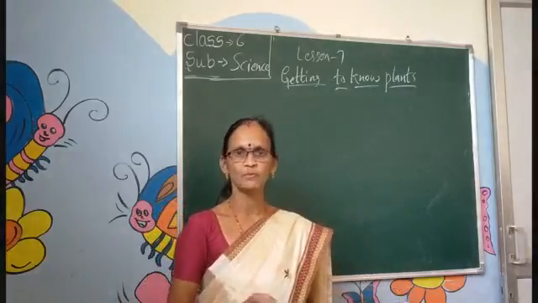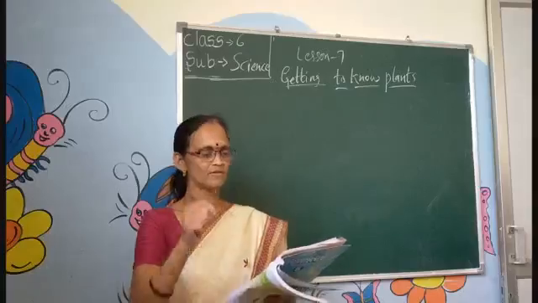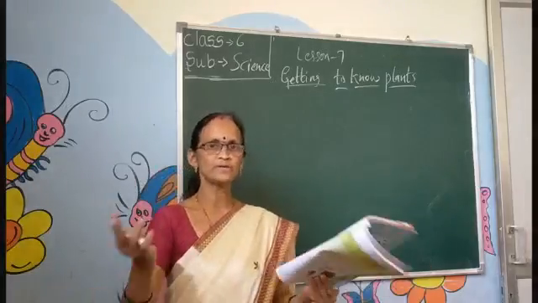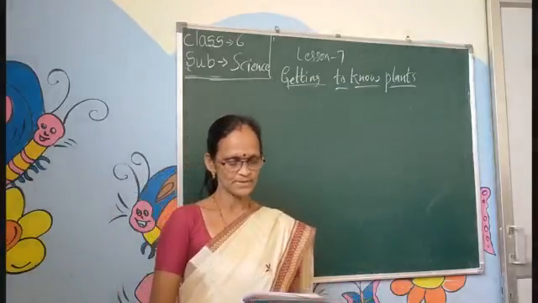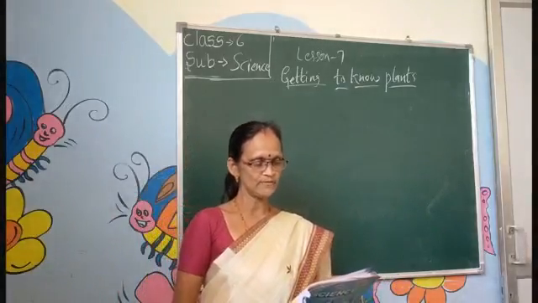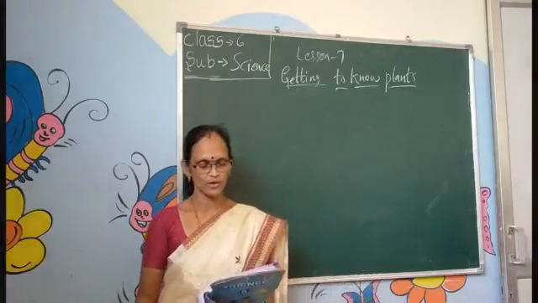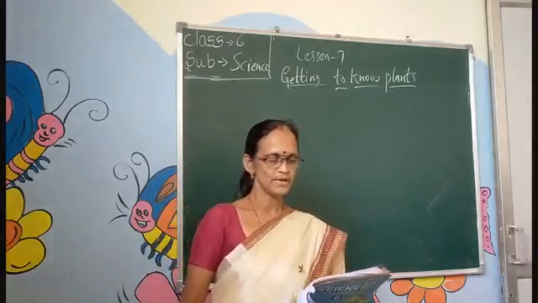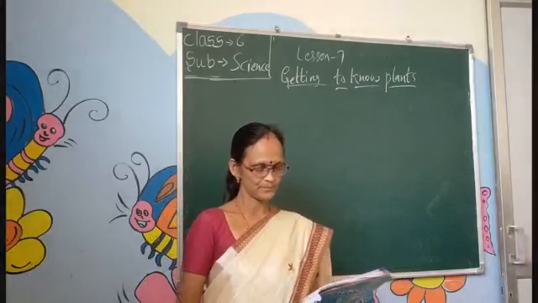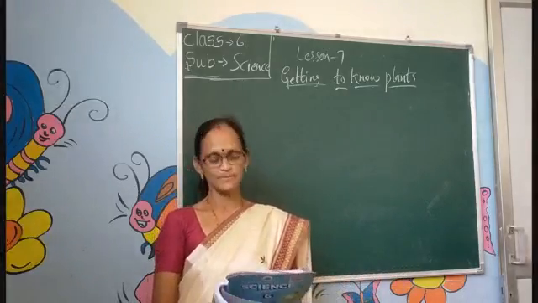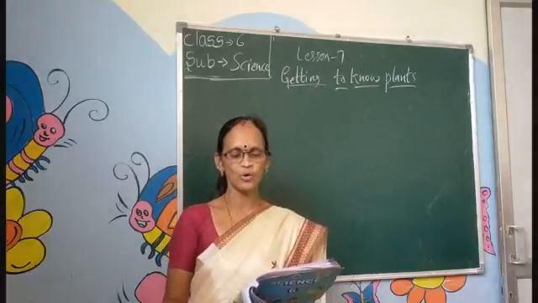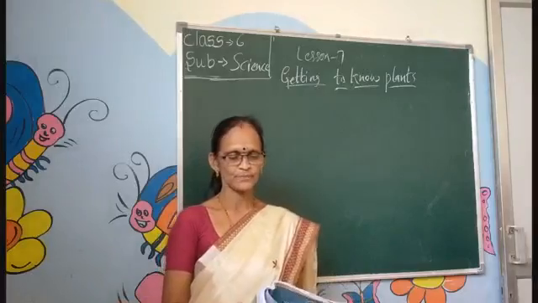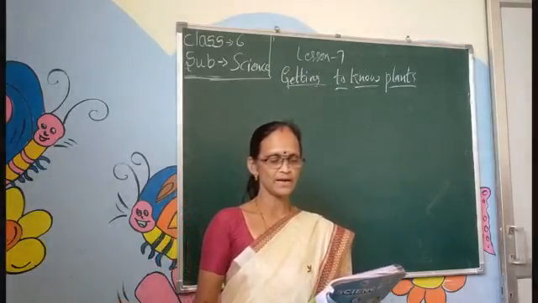Red, blue, yellow, everything differs. Why do we see a variety of plants existing all around us, near our homes, in the school ground, in the park and the gardens?